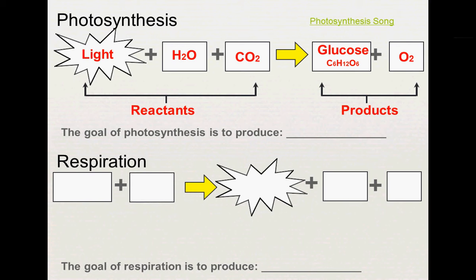So the reactants on the left, the products on the right. So the ultimate goal of photosynthesis for the plant is to produce glucose.